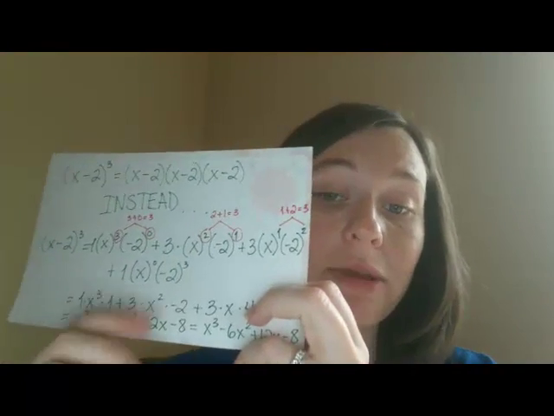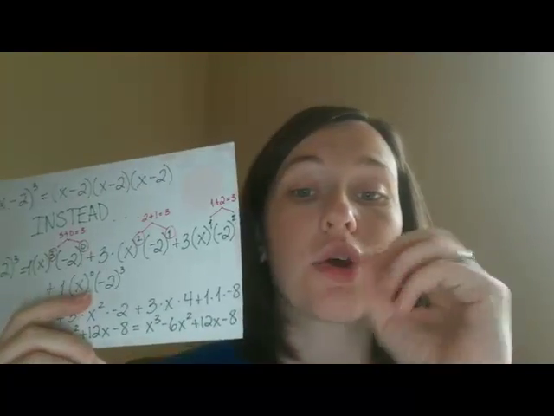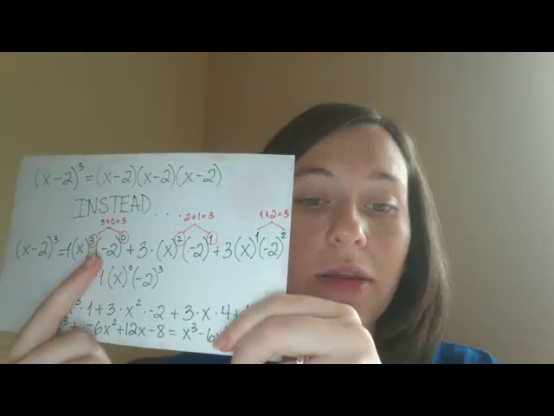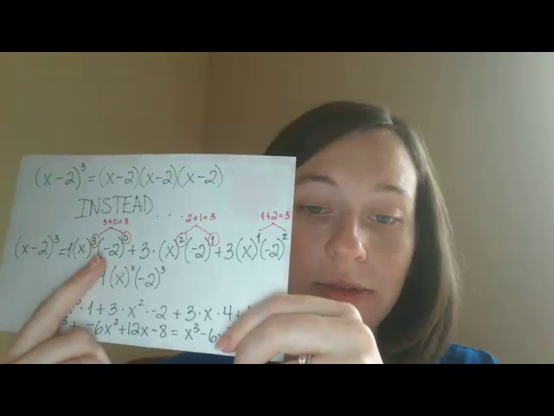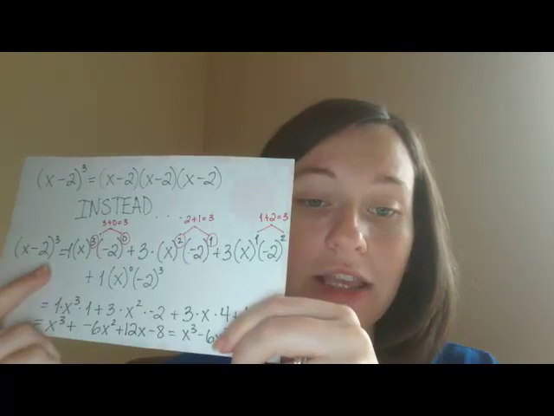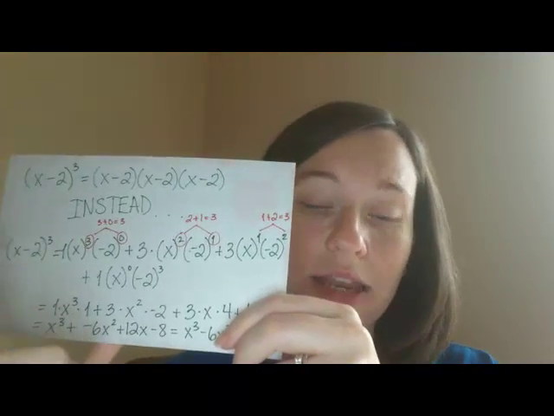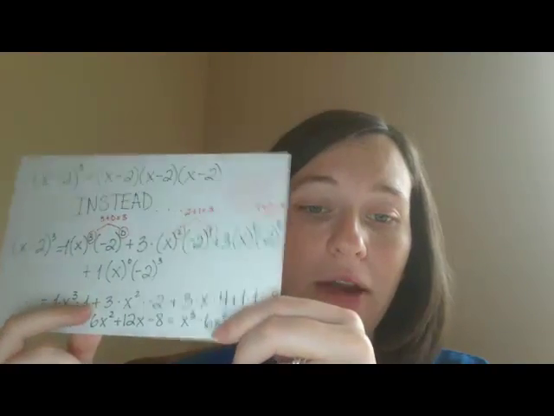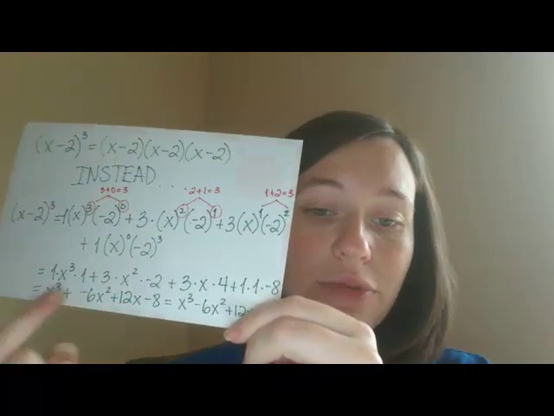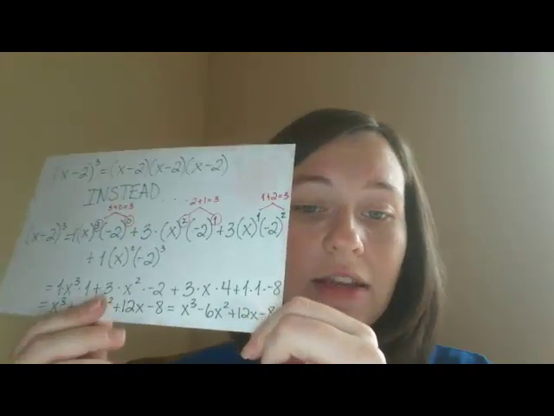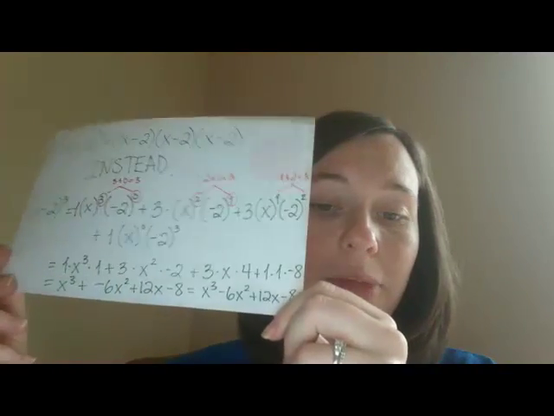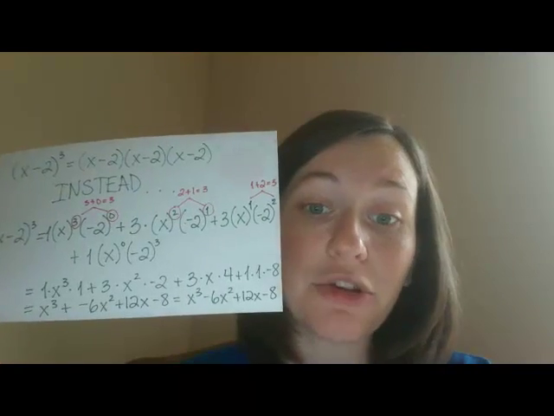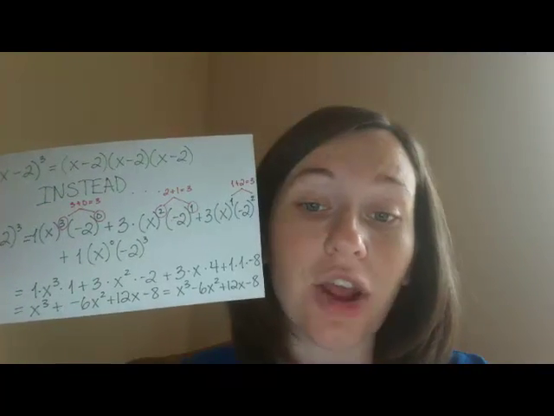Our binomial expansion formula says that you're always adding the two terms, so that's where the minus 2 comes from, because if we were to rewrite this, it would be x plus negative 2. So we start multiplying them out, and once we've simplified, we get x to the third minus 6x squared plus 12x minus 8. And that's binomial expansion using Pascal's triangle.